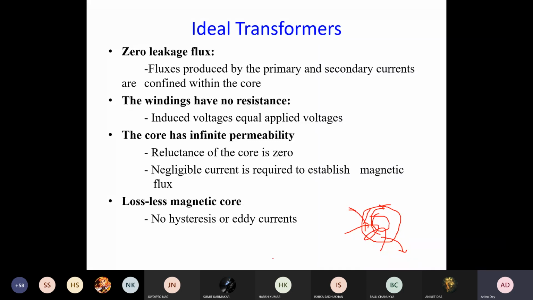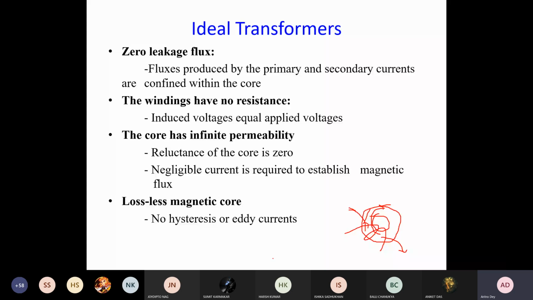The core will have a BH curve, which will ensure lesser loss if you go for cold rolled grain oriented steel, or it depends on what application you are using it for. If you are using it for electronic appliances, then you can use some ferromagnetic material, dust of that, or you can even go for an air core. That is the special case.